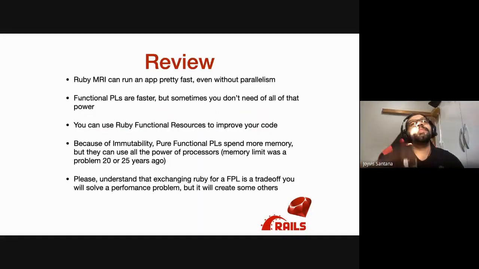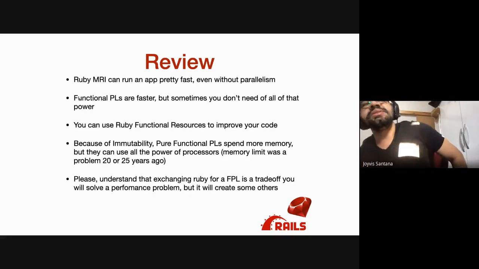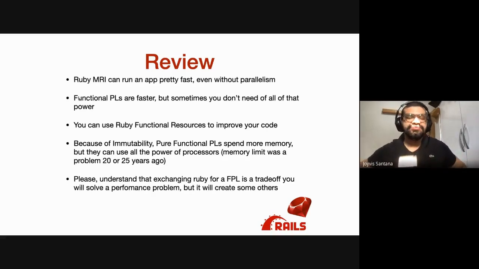Okay, let's review. Ruby MRI can run an app pretty fast, even without parallelism. As we saw, we could take a code that ran in 8 seconds and make it run in 3 seconds. Basically, it was a really good performance improvement.